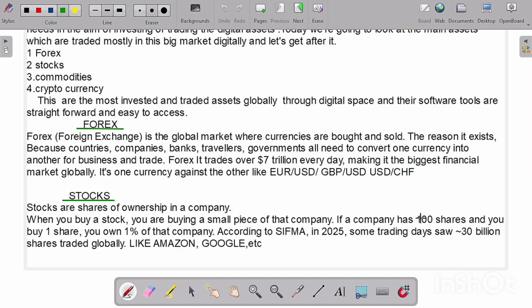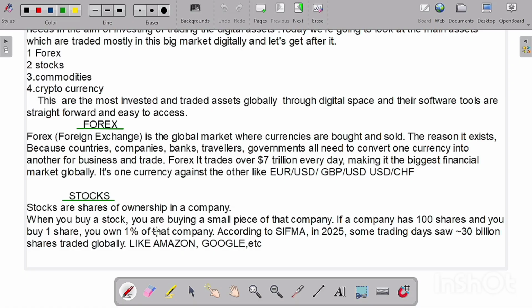Here is where companies, if they need money from the masses, come with some small pieces of their companies to sell to the public, to source money to develop themselves and to expand, like Amazon and Google. There are many others, but you now have the idea of stocks.